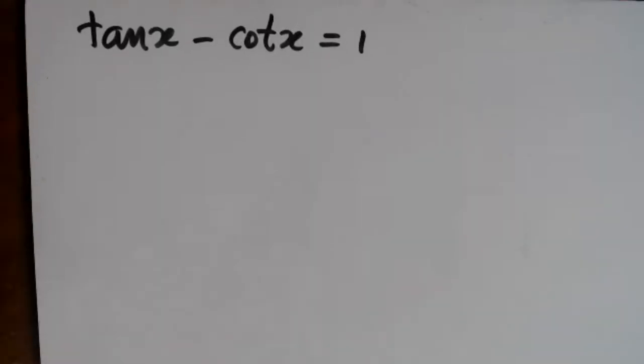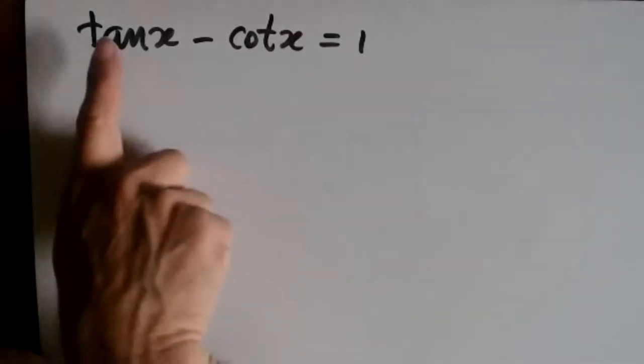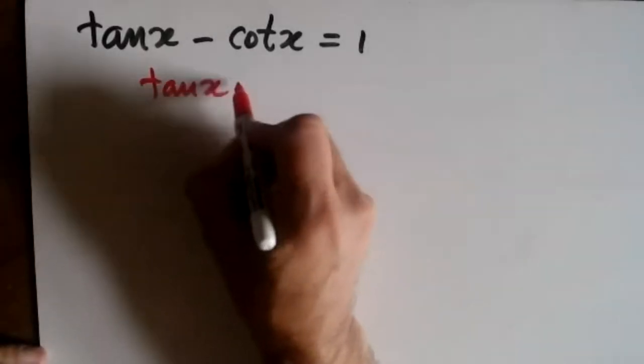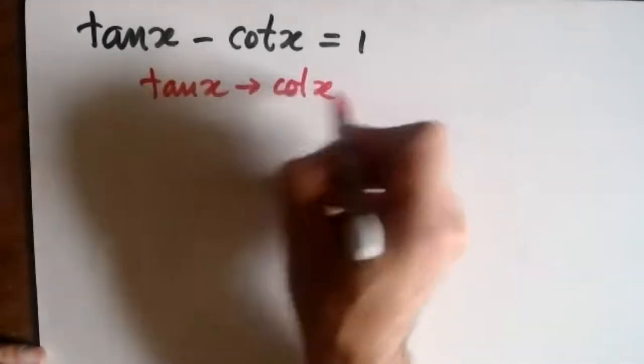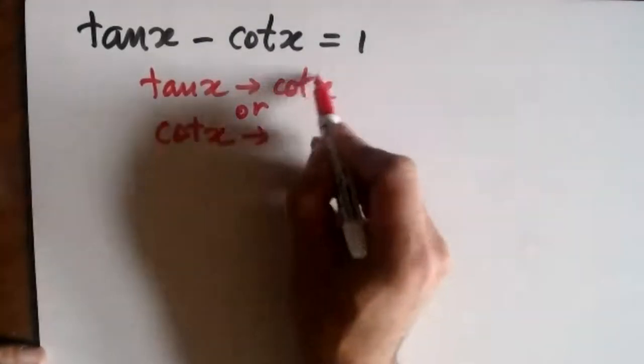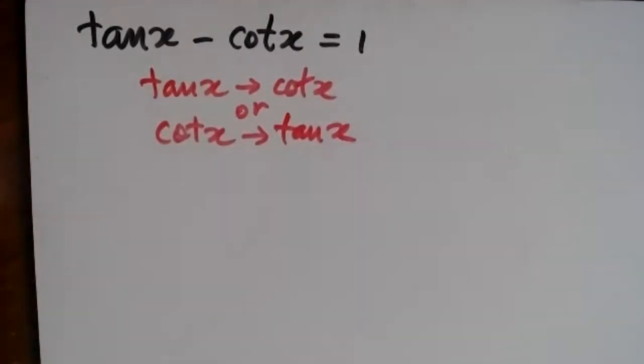Okay, well, here I have to do something because this and this are different. So I need to change again. I have to change the tangent into cotangent or the cotangent into tangent. So I need to change one of them to make all the same thing.